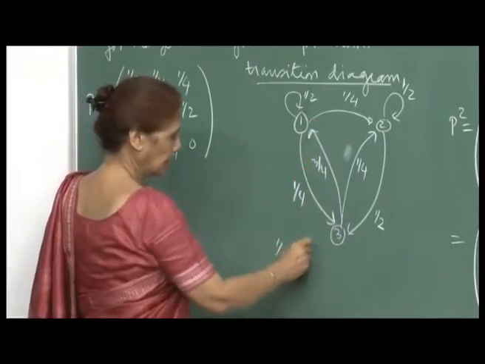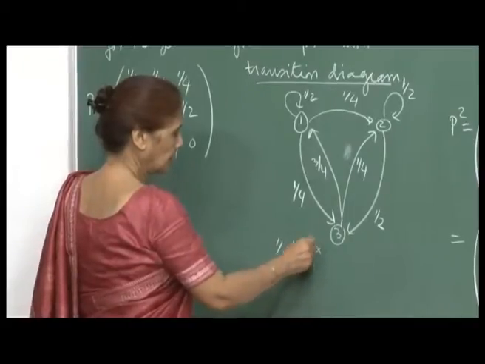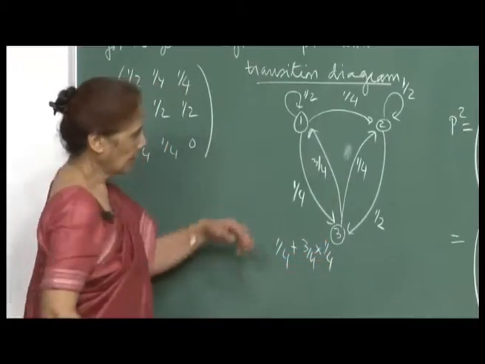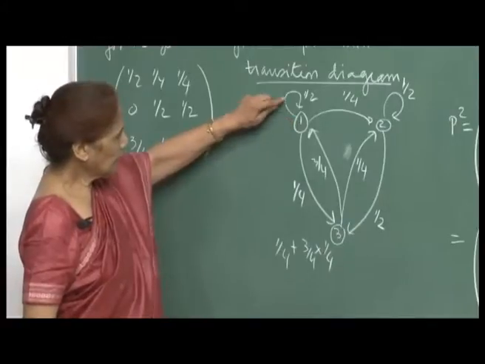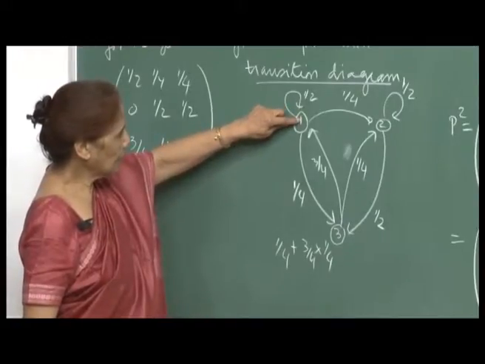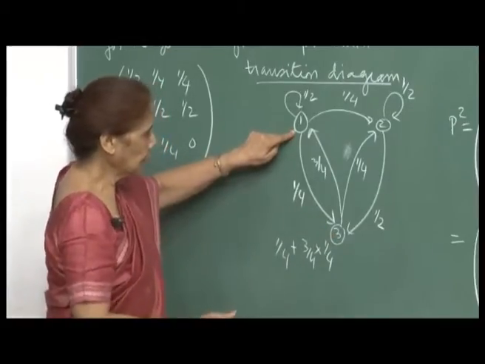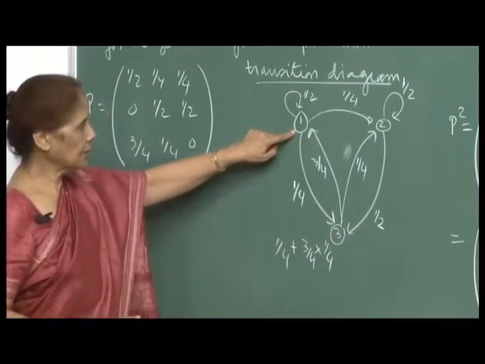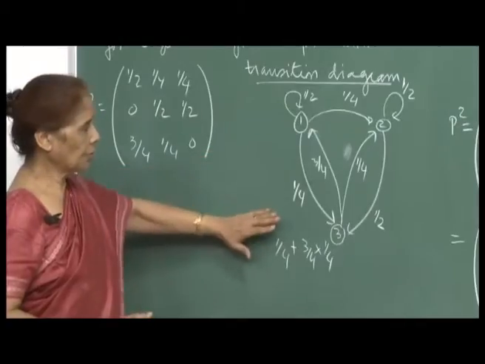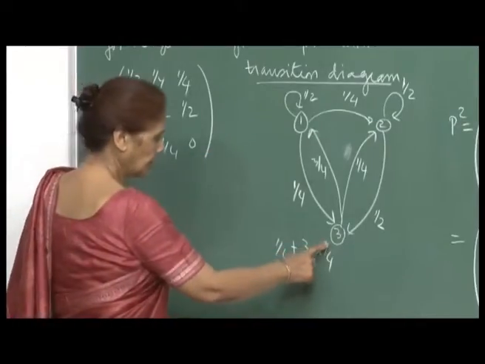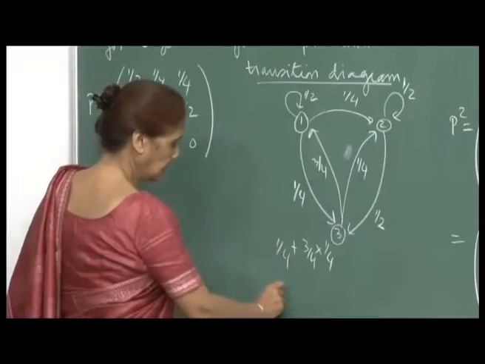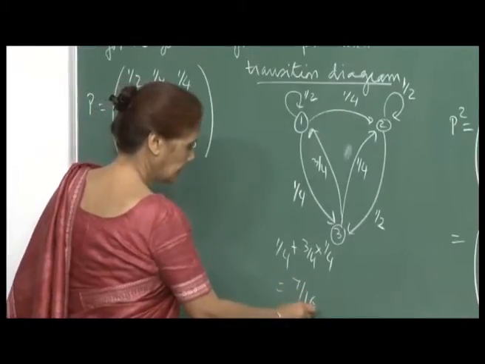So this will be 3 by 4 into 1 by 4. You can either stay at 1 and then 1 to 1, or you can go from 1 to 3 and then 3 to 1. These are the 2 possible paths in 2 steps if you want to transition from 1 to 1. So, this is 3 by 16 and this is 4 by 16, so 7 by 16.